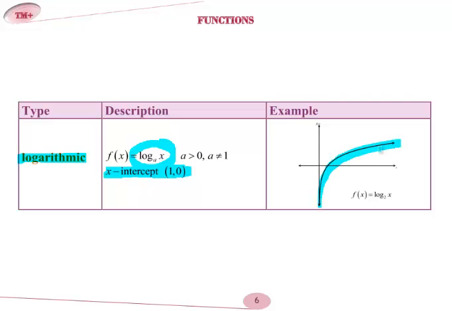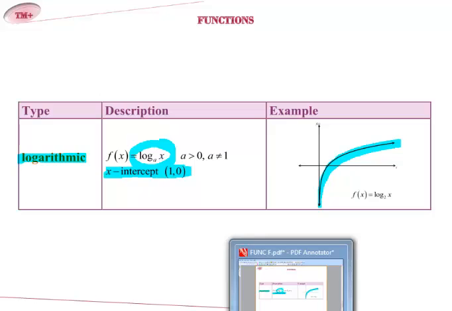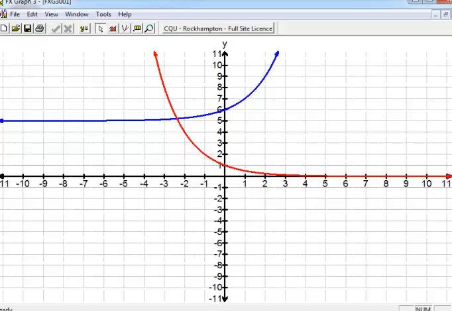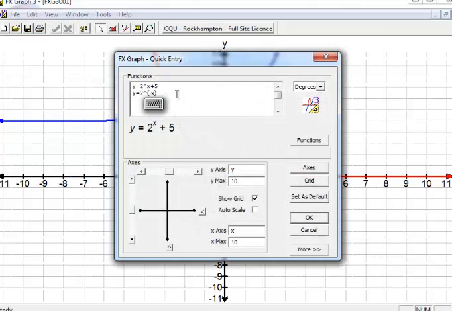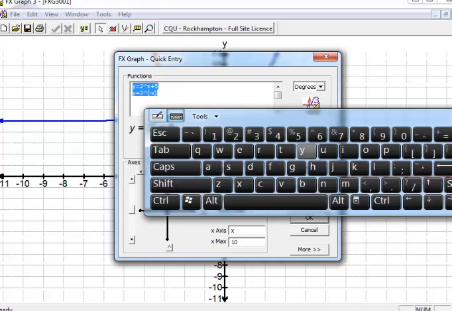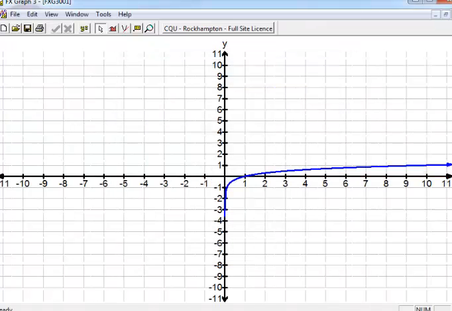So you're going to have to really get to know what the graphs look like. There's a great couple of pages in your textbook for you to have a look at, so you can get to know what all these graphs look like. So if I have y equals log x, you can see that logarithmic graph there.